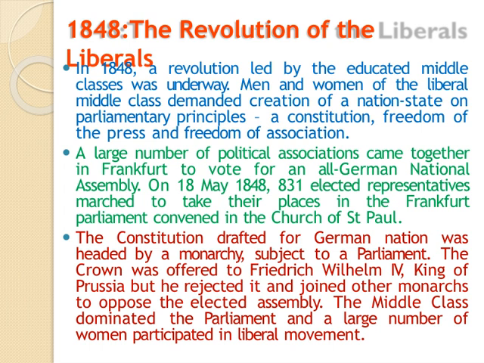It's important to note that the middle class dominated this parliament, which reflected their political influence. And notably, women participated actively in this liberal movement, showcasing their growing involvement in political change. This entire movement highlights the broader push for national unity and liberal reforms that would shape modern Germany's political landscape.